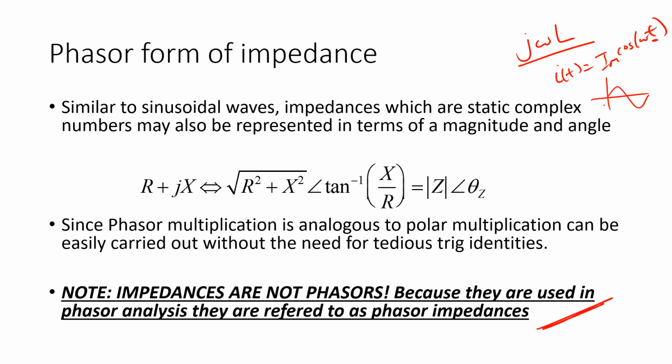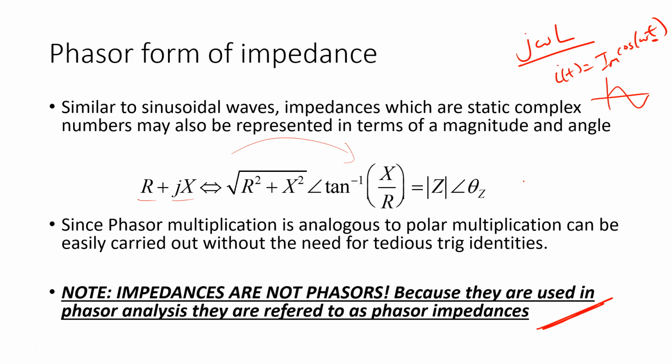If I'm adding these impedances, I add them the same way I add complex numbers. If I have a resistor and either a capacitor or an inductor, I could add the real parts together and the imaginary parts together, or I could represent them in polar form by taking the magnitude and the angle.